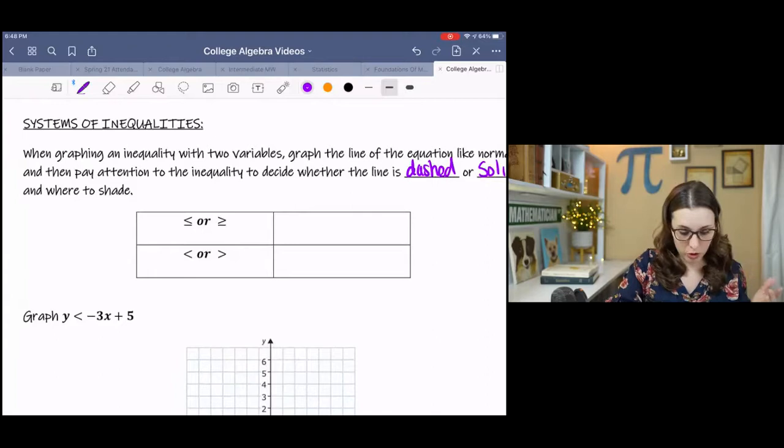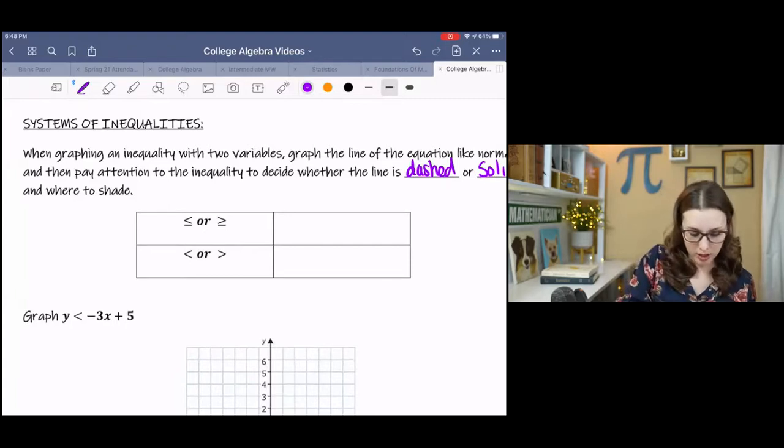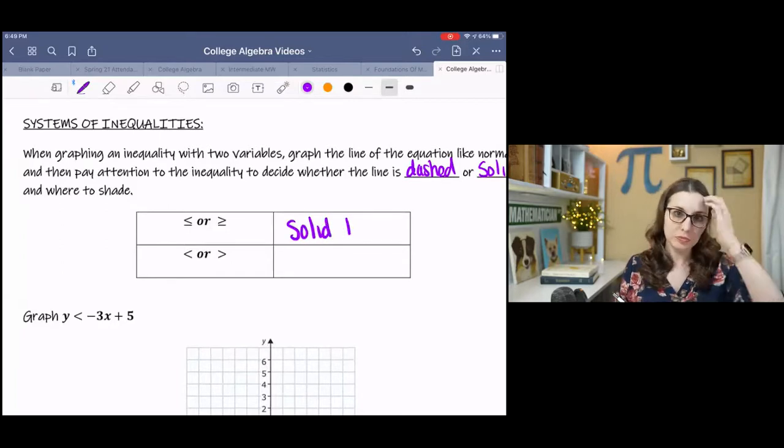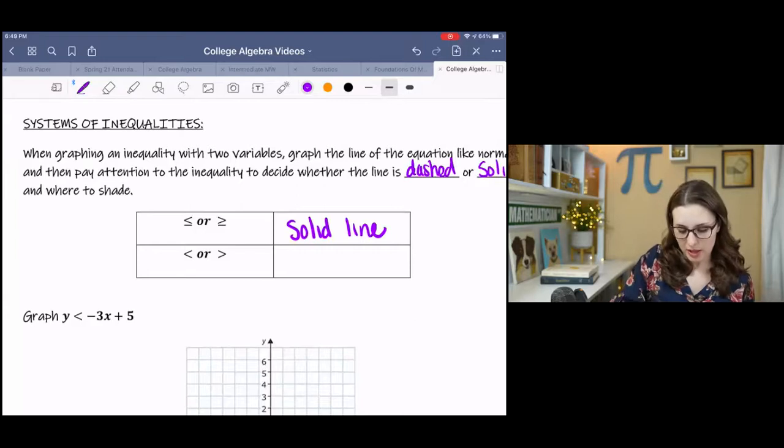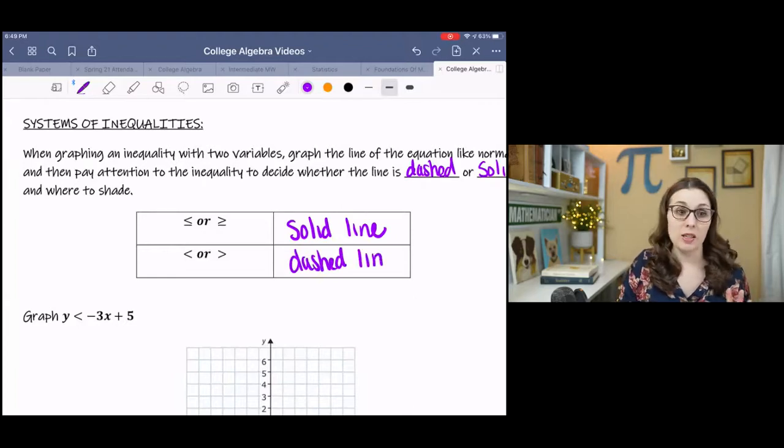What I want to point out here is that these both have the equal to symbol with it, and so this is going to be a solid line. And in the one below it, less than or greater than, we don't have equal to, so this will be a dashed or dotted line. Either way, as long as it's not solid, we're good.